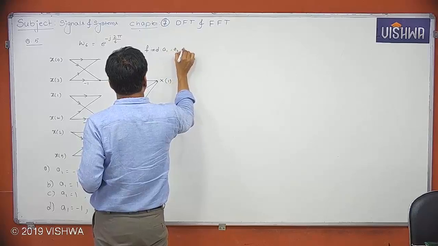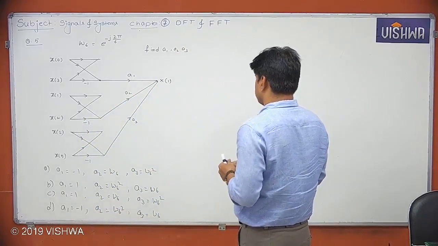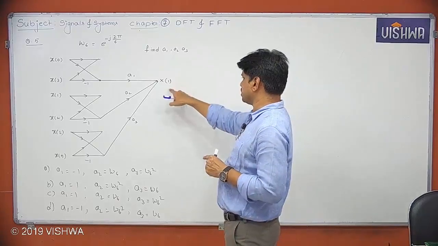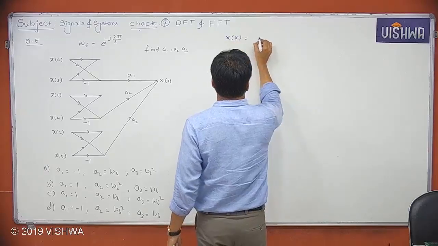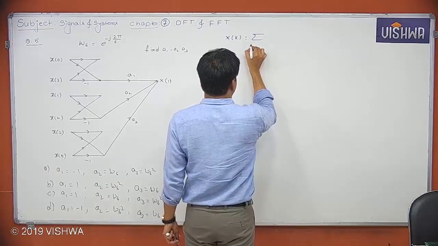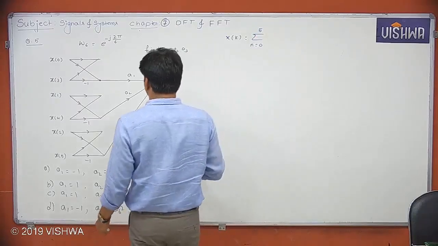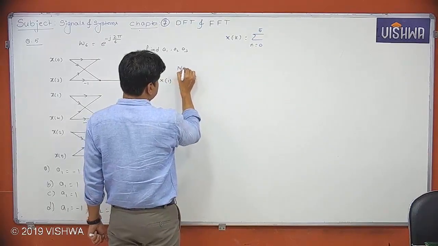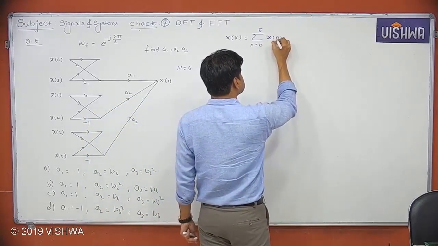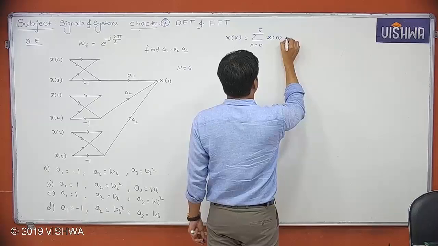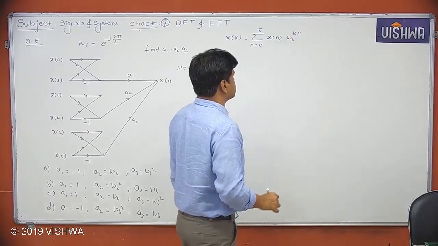So let's see. First, they have given the x1 relation. Can you tell me what is x of k, which is the summation n equal to 0 to 5? Why? Because it is having w6, that means it is a 6-point DFT. x of n w6 whole power kn.